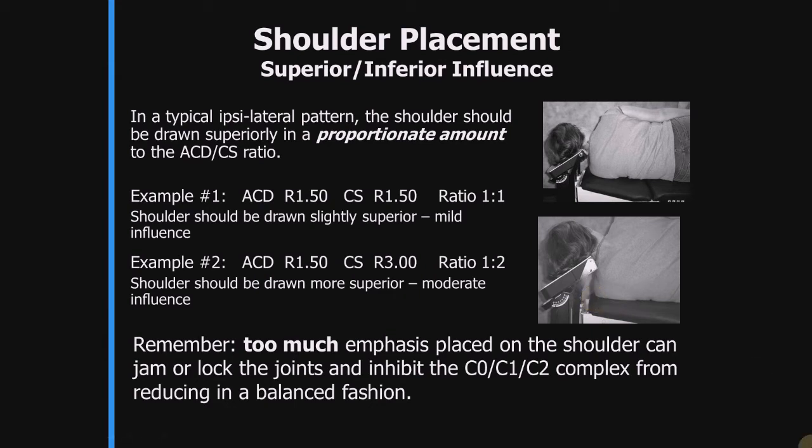Remembering that too much influence can also jam the joints, if you raise the distal shoulder superiorly enough that the head begins to fall over the headpiece further, then that's too much influence.